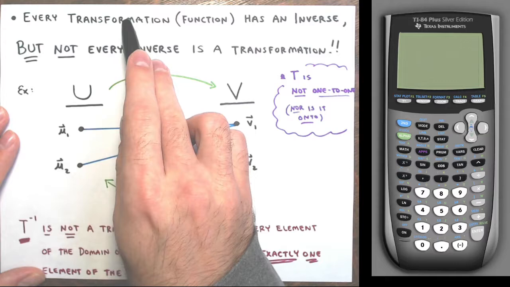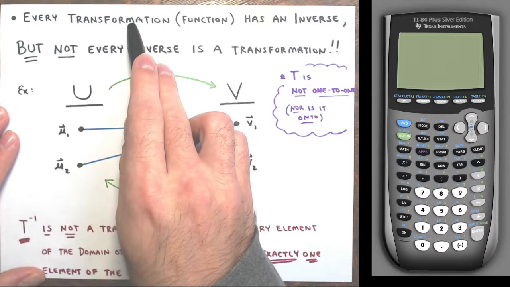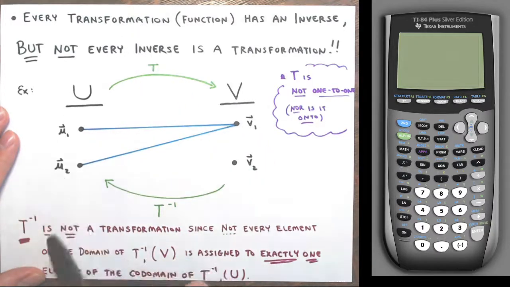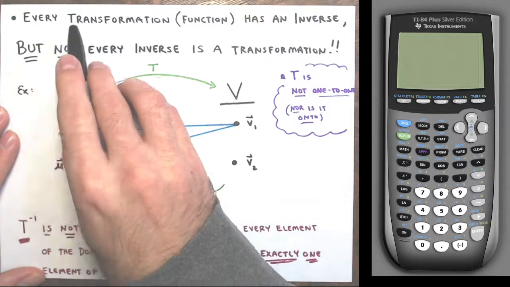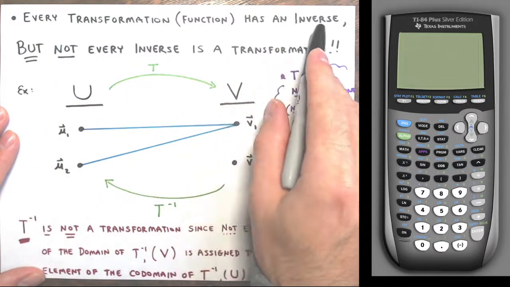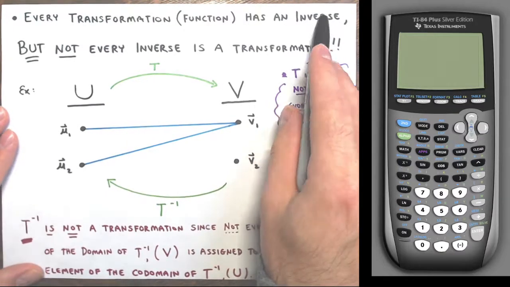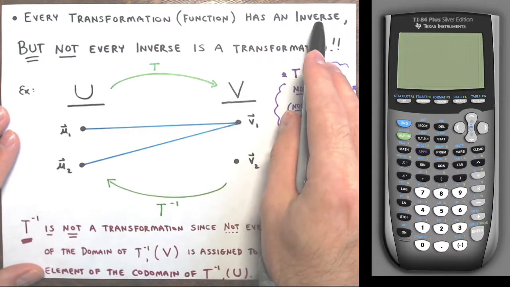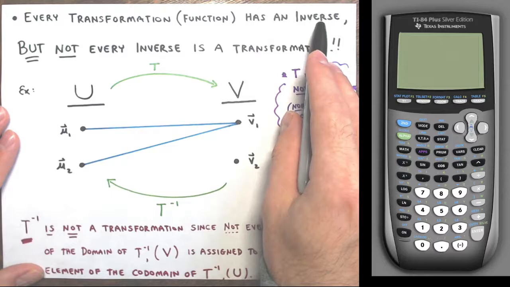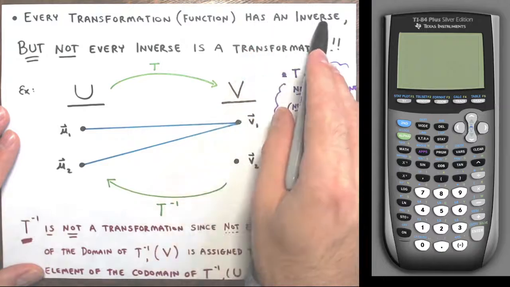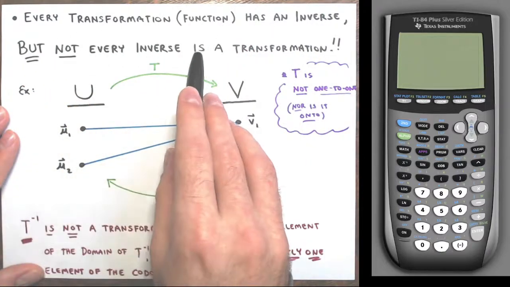A transformation is a rule that maps every element of the domain to exactly one element of the codomain, and that makes up the range, all those elements that get mapped to. So every function, every transformation has an inverse. I mean, you can always just reverse the mapping. That's not a problem.